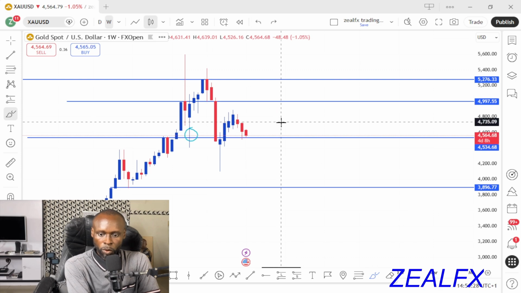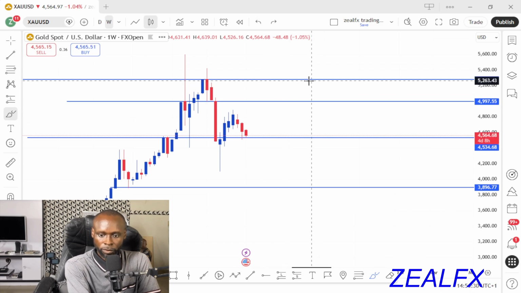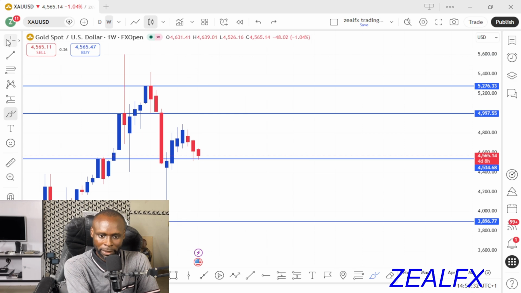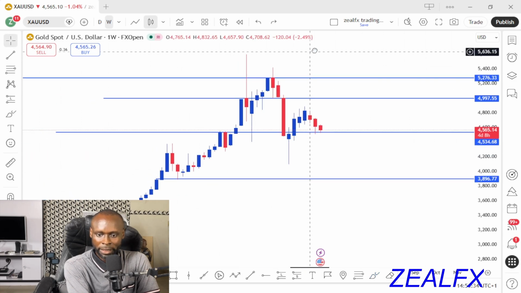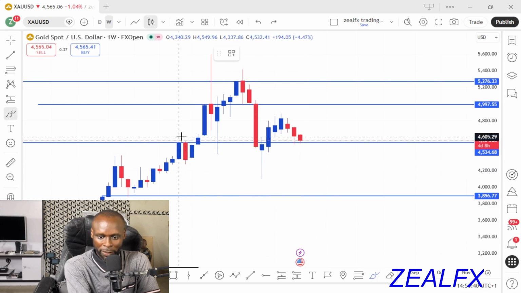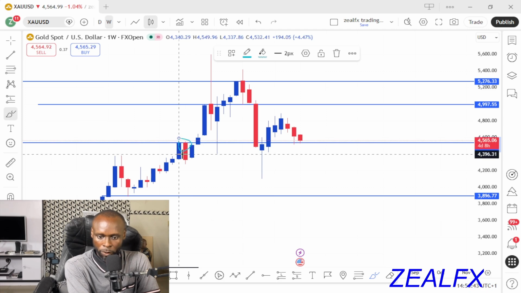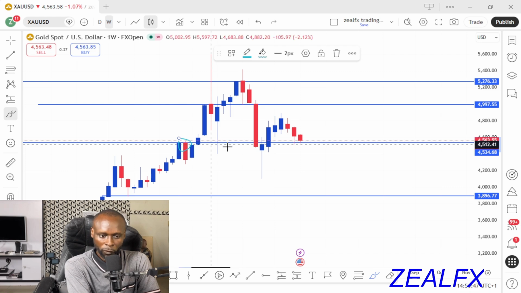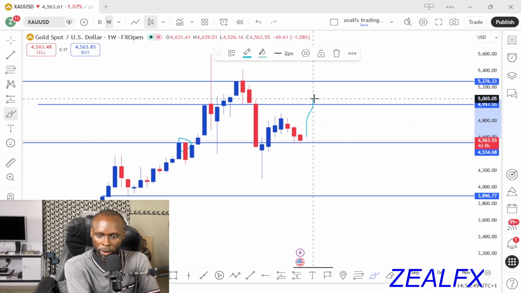Gold USD currently on the weekly chart, the anatomy of the price candle is already indicating a price reversal of trend. We have a demand level at this area on gold. This is the demand zone on gold for us to buy gold to the next resistance level.